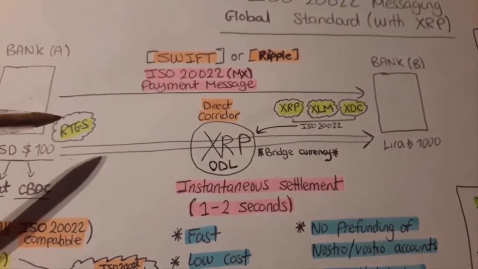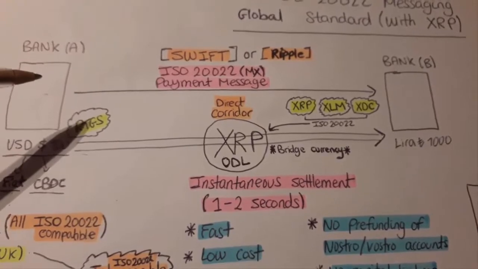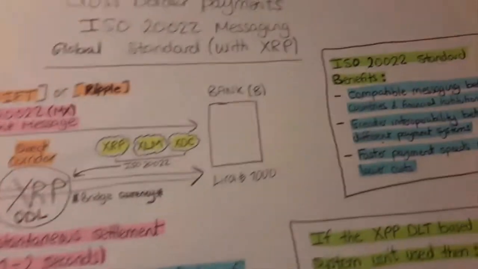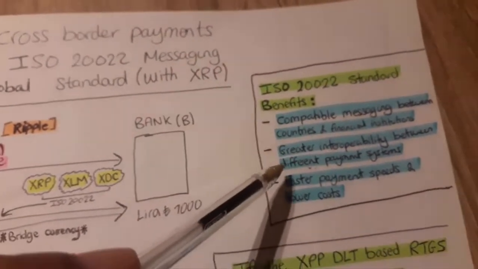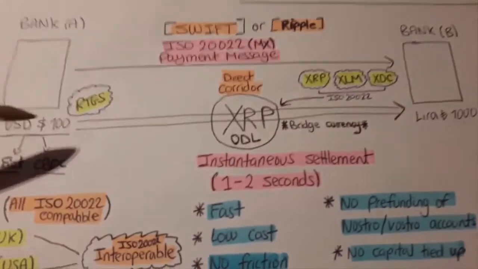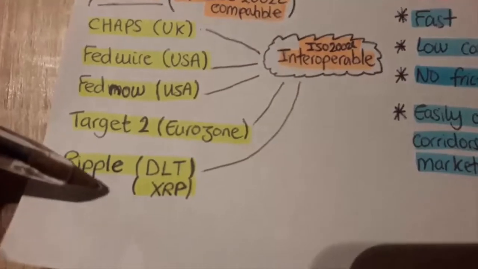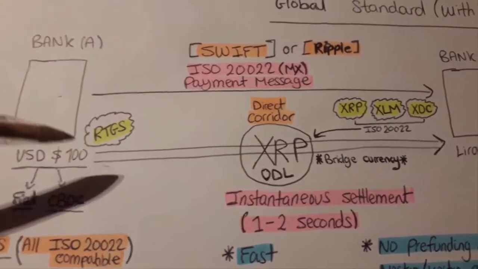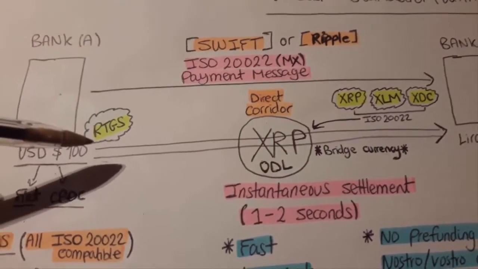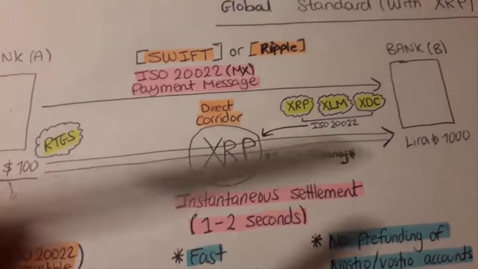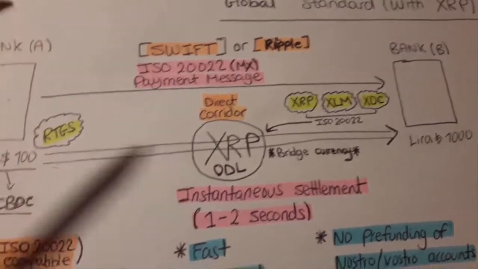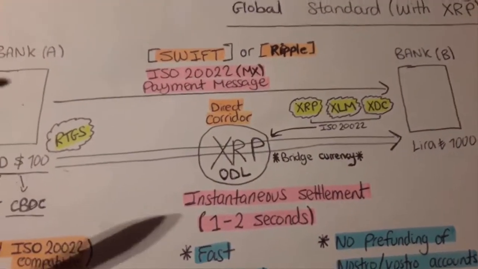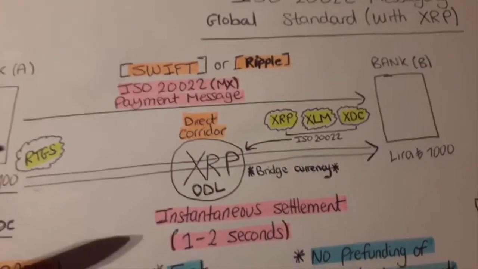Maybe the majority of their cross-border payments in the beginning would not be off of XRP, but they would try it out because they're ISO compatible, so they're going to have interoperability with other payment systems like distributed ledger technologies, like XRP, for example. They can tap into the XRP system and use their corridor for direct payments between banks, and a percentage of their cross-border payments can be through XRP, and maybe that percentage over time with different banks would increase.